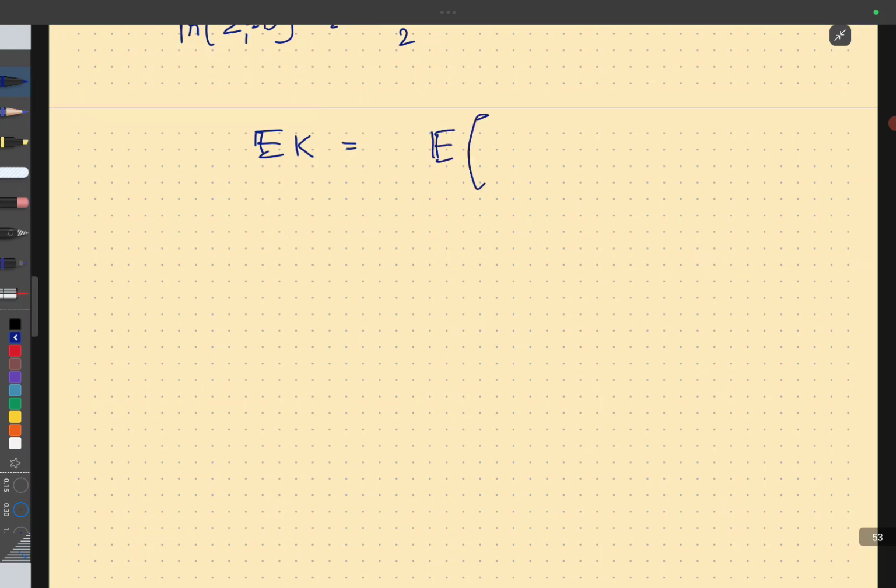So K is, let's say, summation i equal to 1 to n by 2 of the event that x2i, x2i minus 1 is 0, 1 or 1, 0.